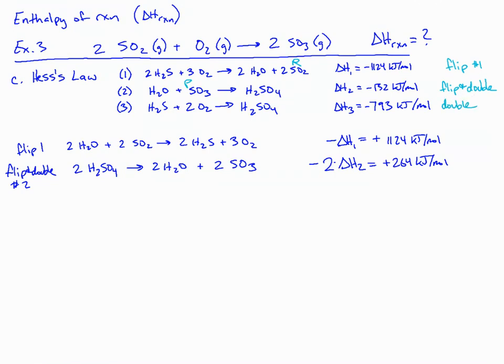So we're going to double reaction 3. And we'll write it down here, double number 3. 2H2S plus 4O2 yields 2H2SO4.